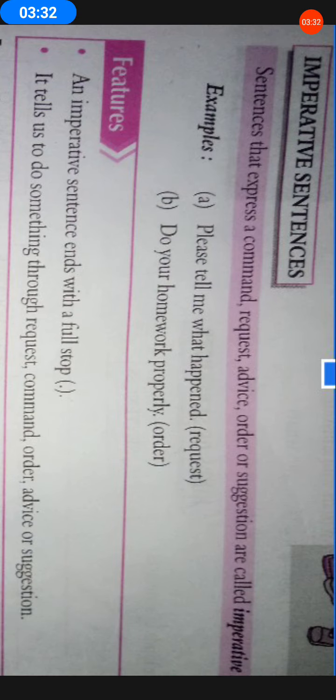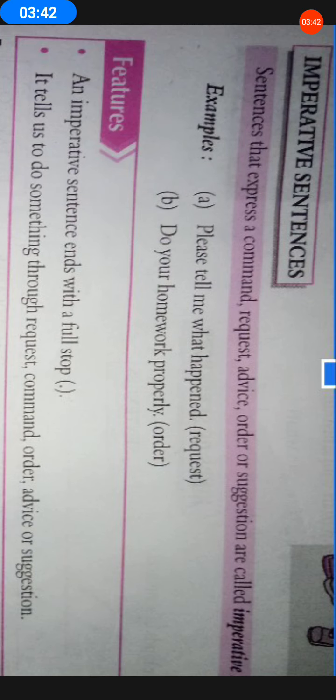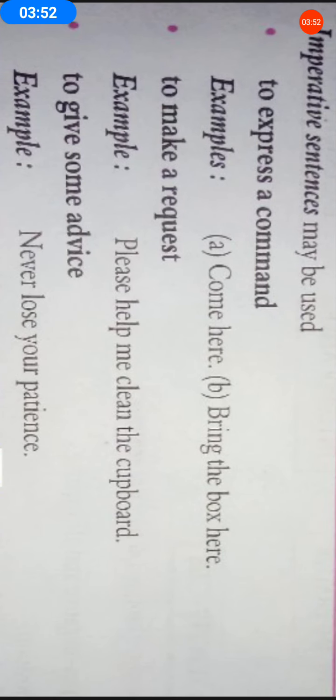Well, let us know the features of imperative sentences. An imperative sentence ends with a full stop, as you observed in the examples above. Next, it tells us to do something through request, command, order, advice or suggestion. Let us deal with some more examples to know it very clearly.